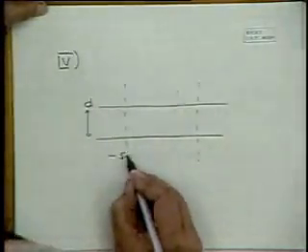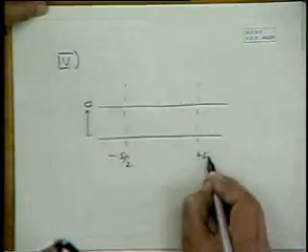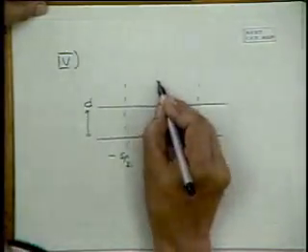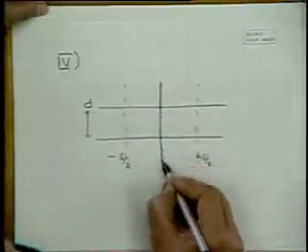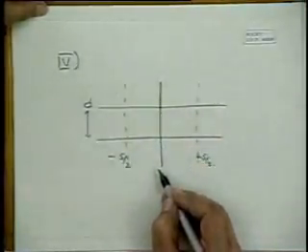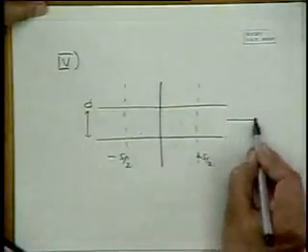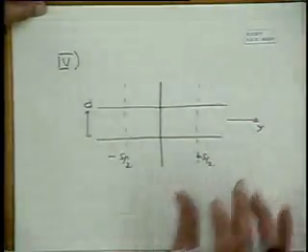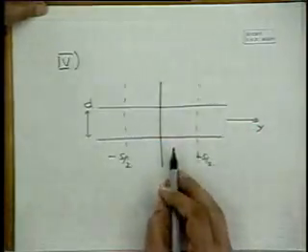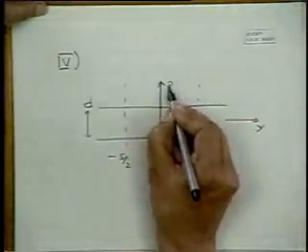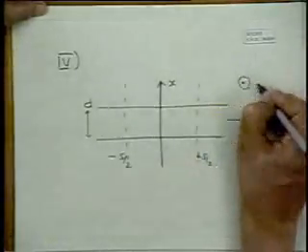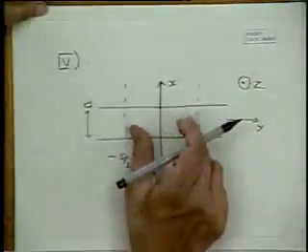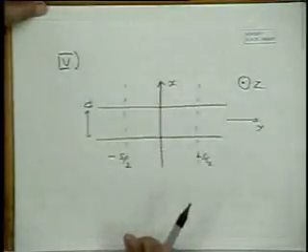This is minus S by 2 and plus S by 2. And this is the middle of the device. This is now the Y direction. And this is the X direction. And Z direction is, so the light is coming out perpendicular.